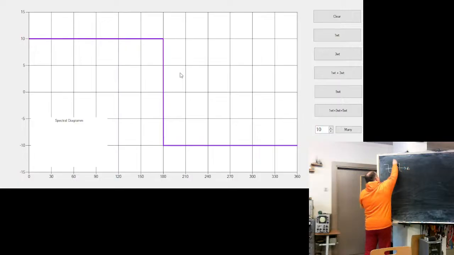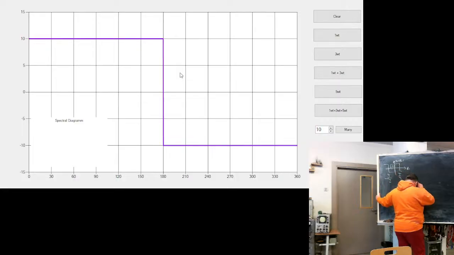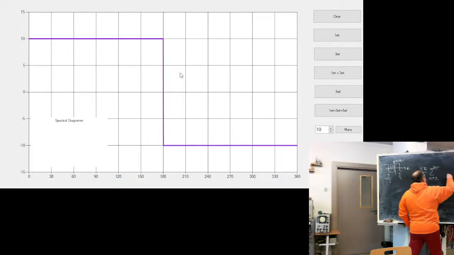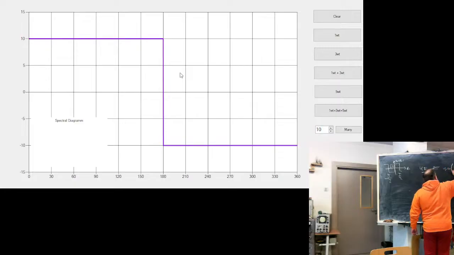A signal like this with the magnitude E by half can be represented by Fourier law as 4E divided by pi multiplied by the sum from 1 to infinity of sine of (2p minus 1) times omega t, divided by (2p minus 1).